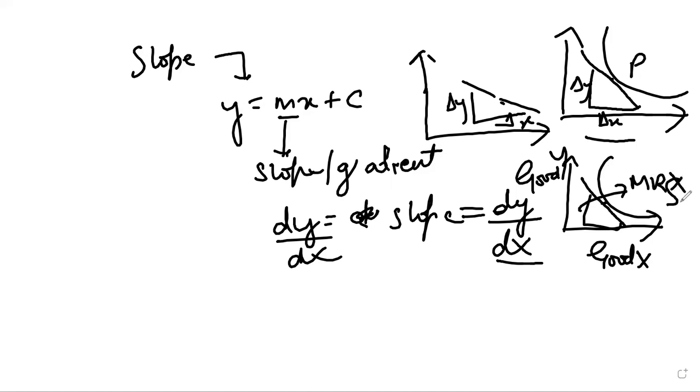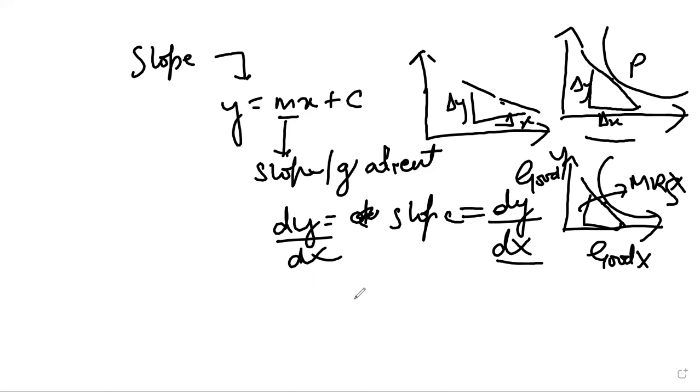What does that mean? That if a person wants to consume one additional unit of good X, how many units of good Y he will have to sacrifice or not consume, given his budget constraint or given his preferences. So this is one application of the concept of slope in economics.